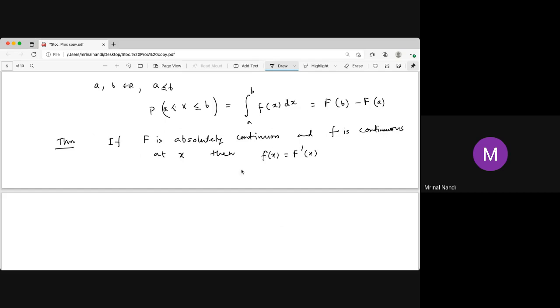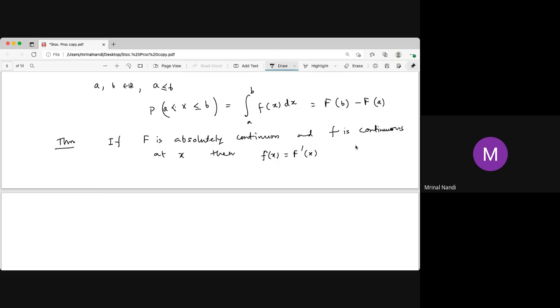Remember that small f is not the derivative of capital F for all points, only where small f is continuous. Small f may not be a continuous function, like the rectangular distribution, where the small f has two points of discontinuity. But there are only finitely many points, so there will not be any problem.